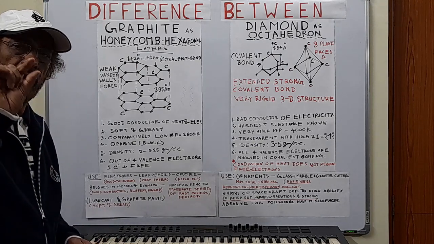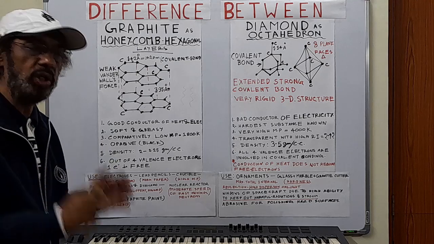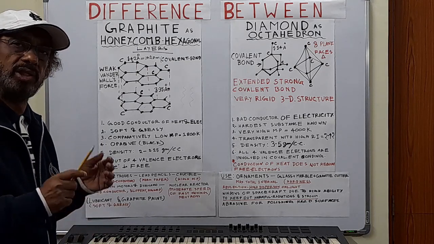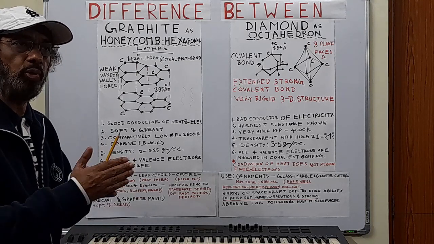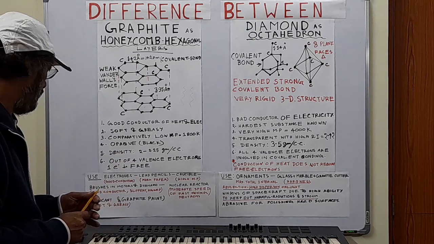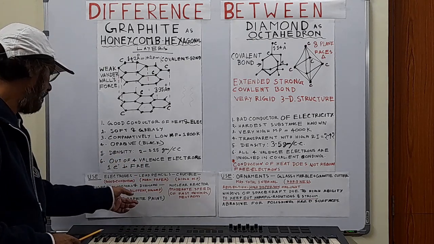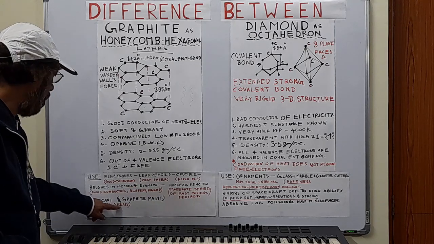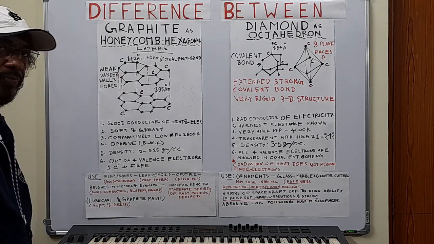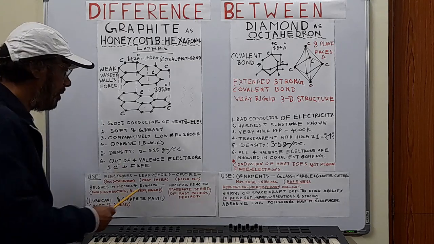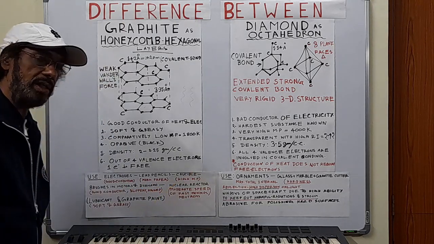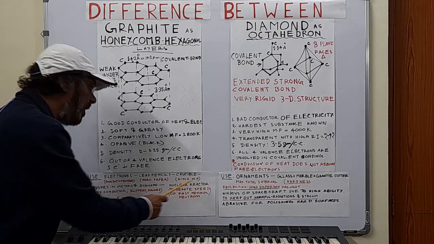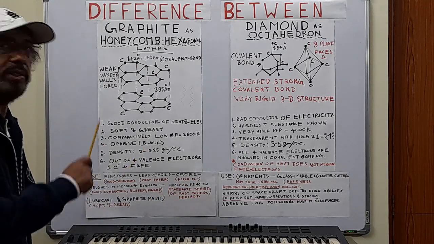It is made up of graphite, which is a good conductor of electricity, slippery and has a high melting point, so that wear and tear is less. As a lubricant, graphite paint is used due to the property of being soft and greasy. One important use is that in a nuclear reactor, to moderate the speed of fast moving neutrons, graphite is used.